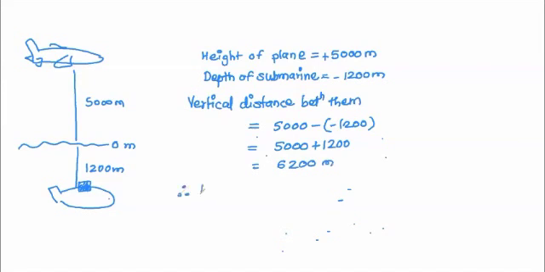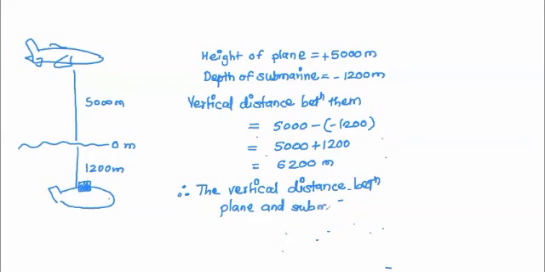Therefore, the vertical distance between plane and submarine is 6200 meters. I'm sure you always know that the unit of measurement is a must when we are solving a mathematical problem.